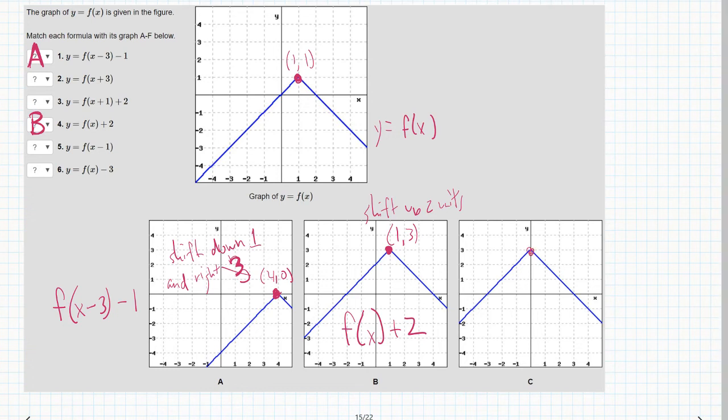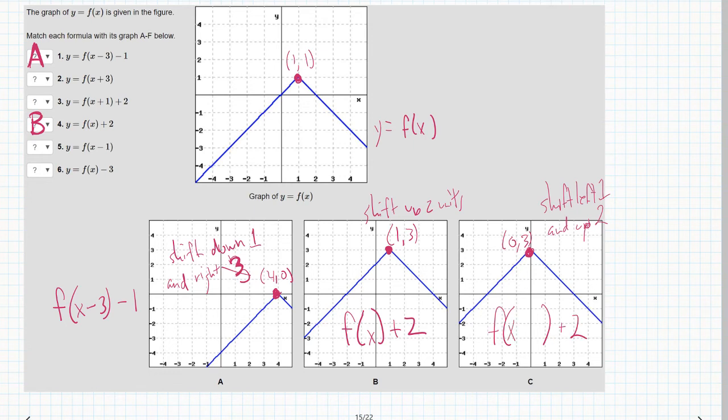Okay, C. So notice we have 0, 3. So this is shift left 1 and up 2. So we're still going to have the +2 on the outside because that's a shift up 2.